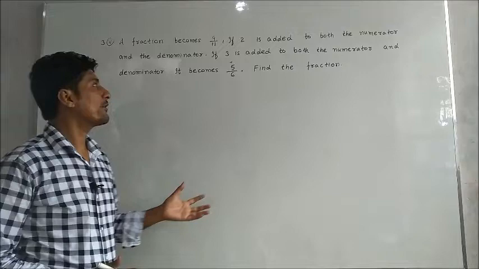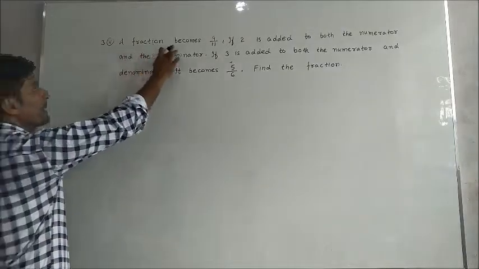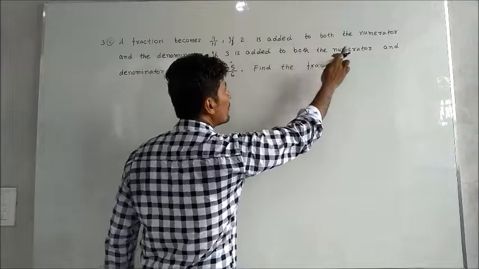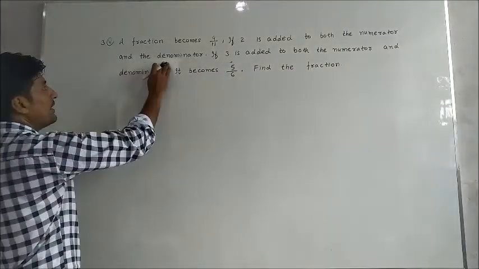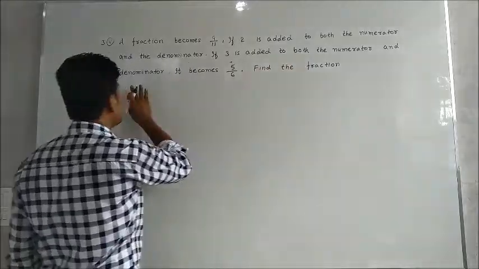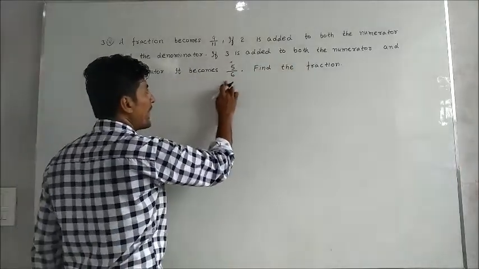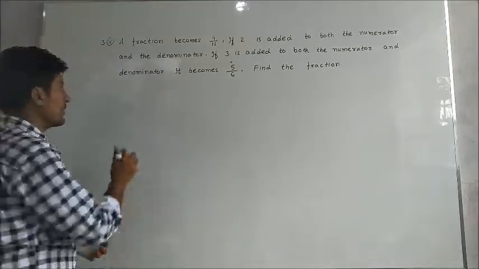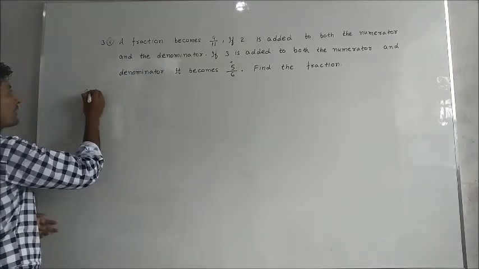Now let us see the third question. A fraction becomes 9 upon 11 if 2 is added to both the numerator and the denominator. If 3 is added to both the numerator and denominator, it becomes 5 upon 6. Then we have to find the fraction. So let us see the solution for this question.